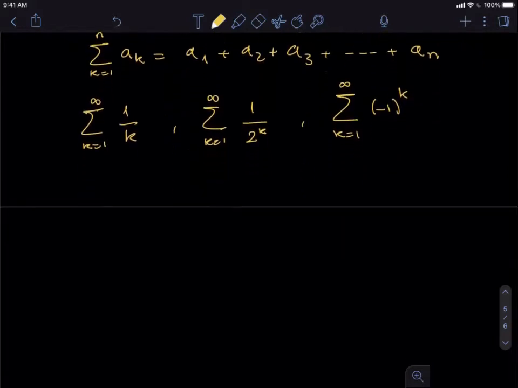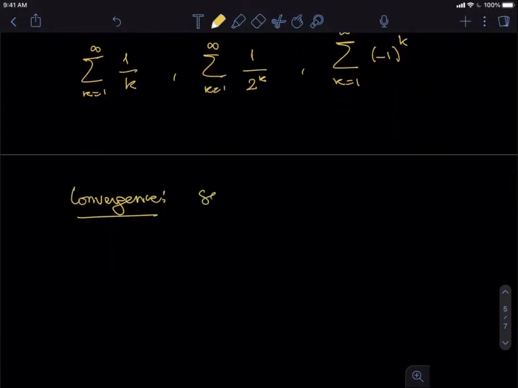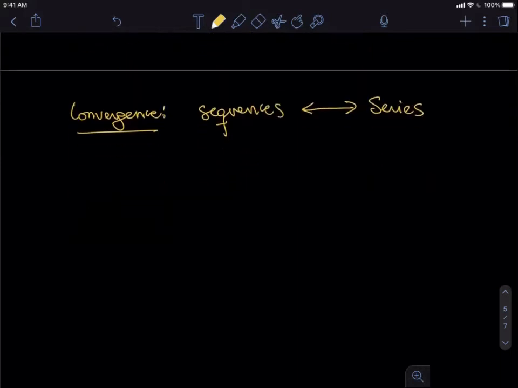And here, there is a meta theorem that says that every theorem about sequences can be restated as a theorem about series and vice versa, okay? Why is that?